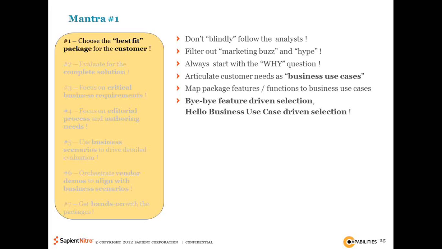Which basically leads to the notion of saying bye-bye feature-driven selection and hello business use case-driven selection, right? Which is don't get into criteria which just says I need workflow or I need multi-site. Get into criteria which says, well, here is my use case for workflows and here is my use case for multi-site, right? So that's an important one to start with.